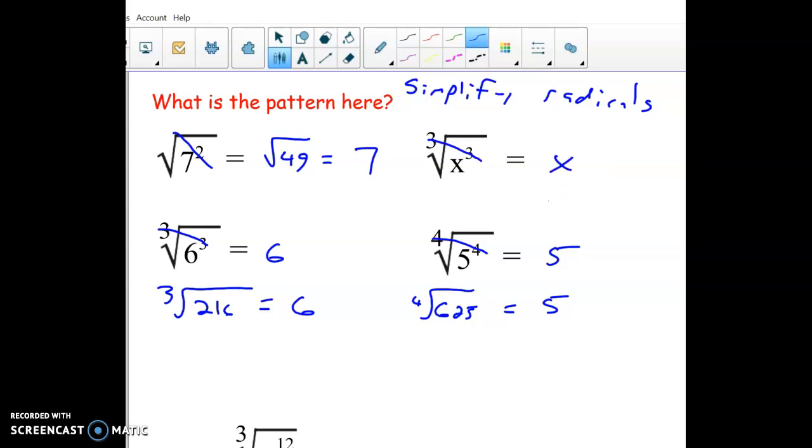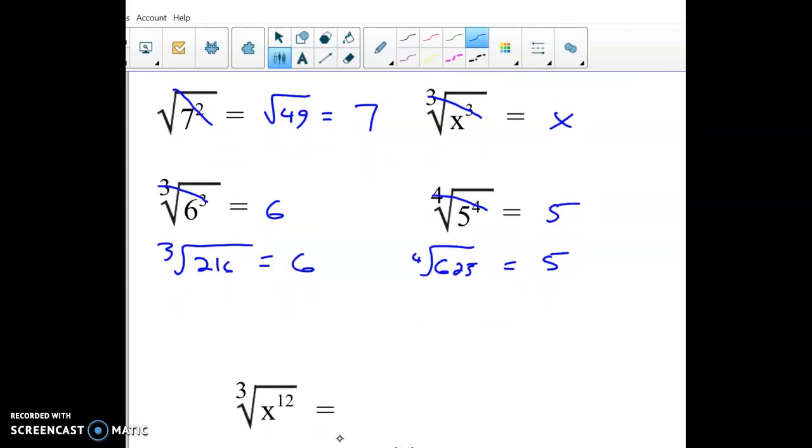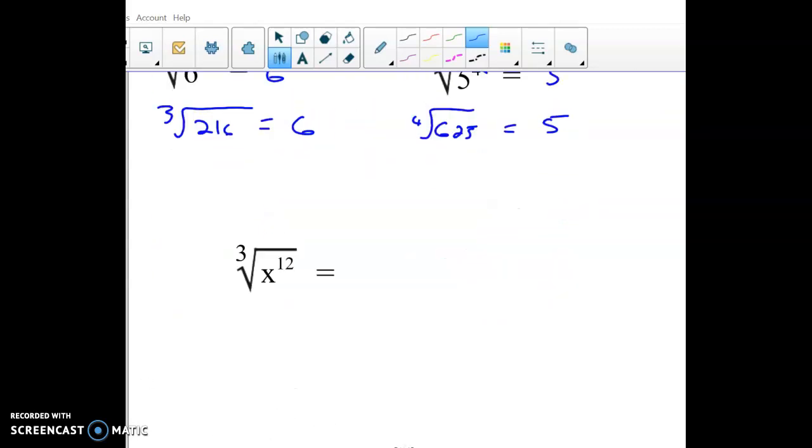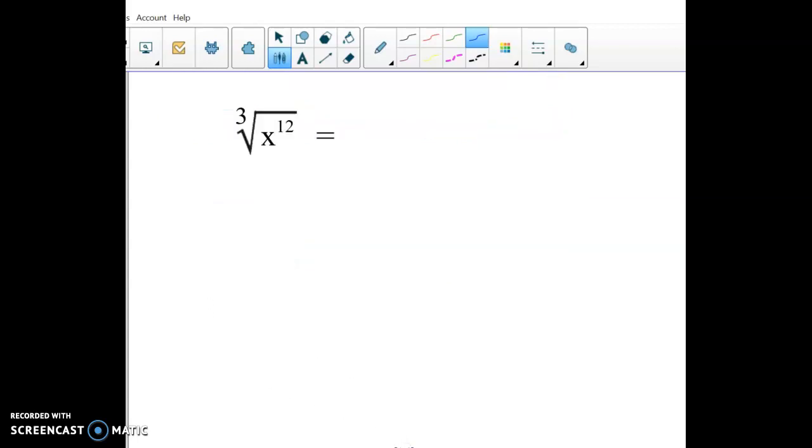All right, so we're going to extend this, and if you want to put this one example in your notes here, if we have something like the cube root of x to the 12th, you can split that up into different parts. Maybe I should write it up there higher, but x cubed times x cubed times x cubed. That is the same thing as x to the 12th because you'd add those exponents and you'd have 12.